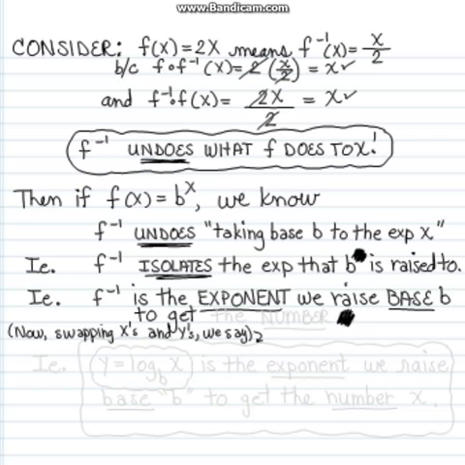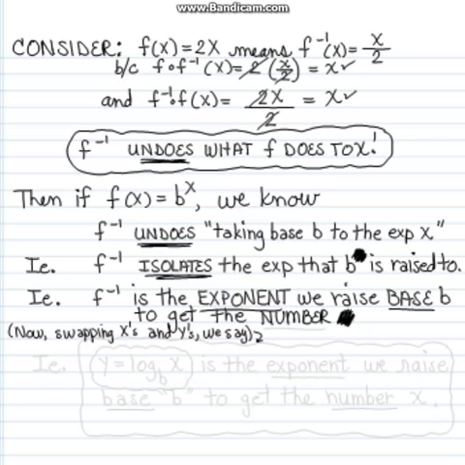Okay, now, let's swap the x's and the y's in this, just like we do when we're finding the inverse function. I want to put a name on this. When I did the f inverse at the very top line of this video, I said f inverse of x equals this equation, x over 2. So x over 2 defined what f inverse did.